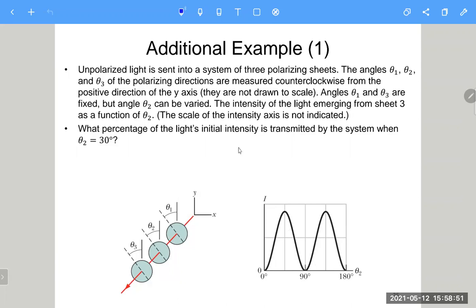And also, it tells you that for theta 1 and theta 3, we don't really know the angles. What we only know is that theta 2 can be varied, which means that in order to get this figure, theta 1 and theta 3 cannot be changed.